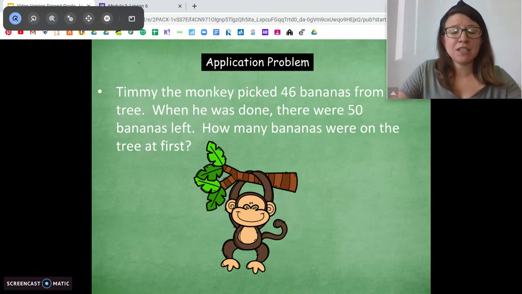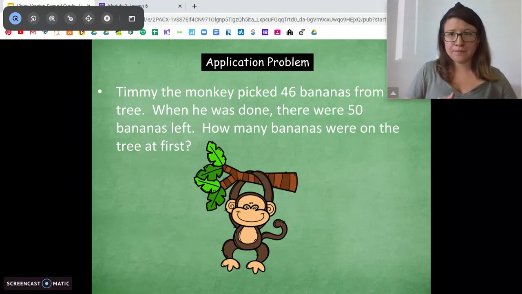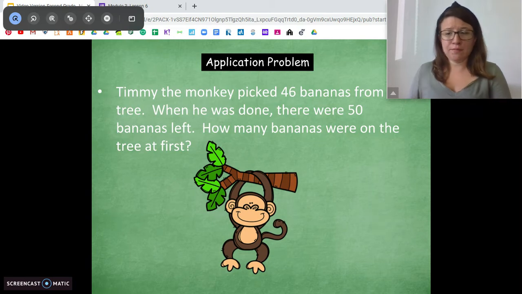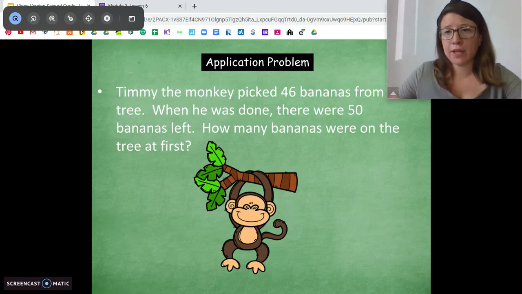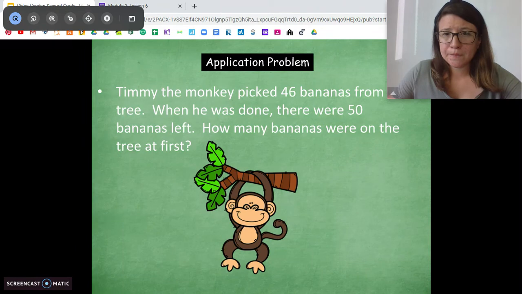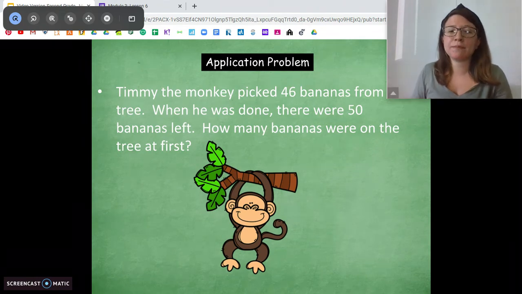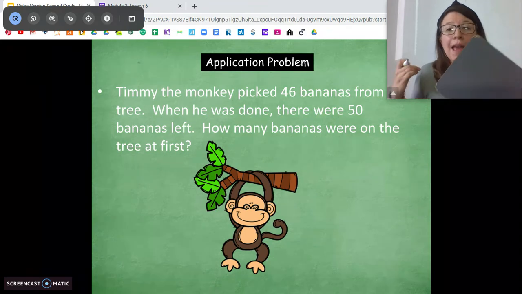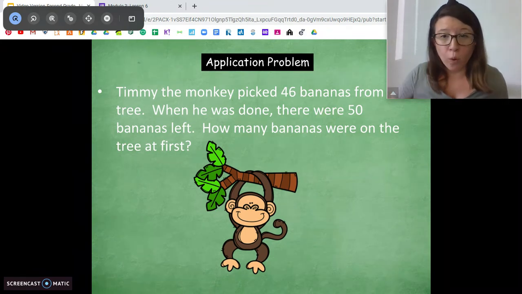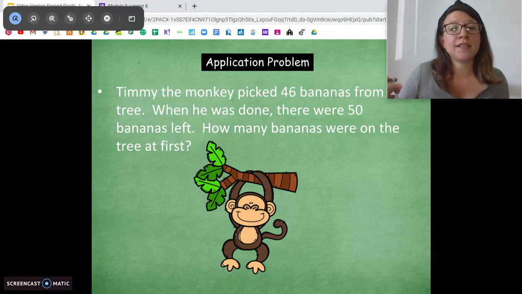So we're going to have to do what to solve? Are we adding? Are we subtracting? Are we doing a two-step problem? What do you think? Yeah, we're going to add. We're going to add 46 bananas to 50 bananas to figure out how many bananas were on the tree before Timmy picked any.